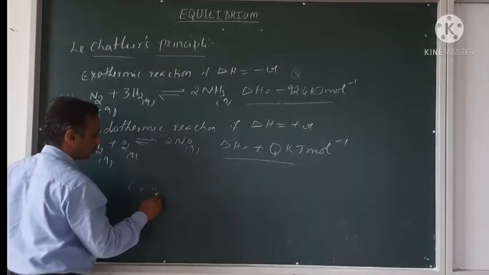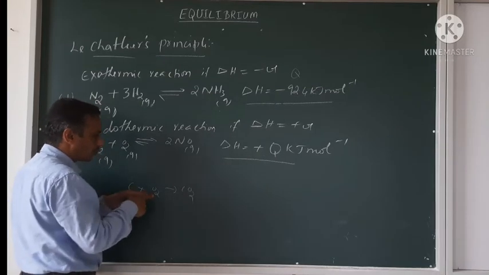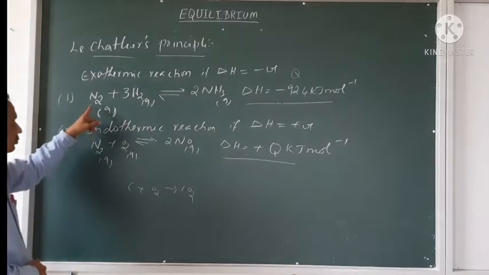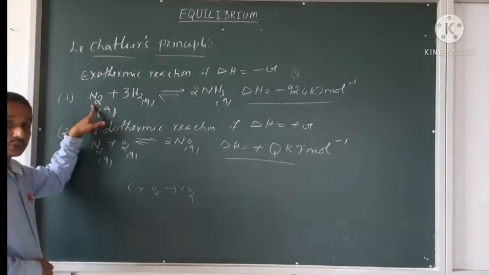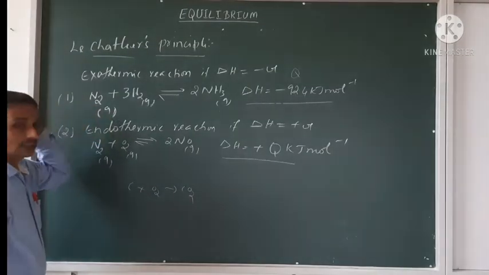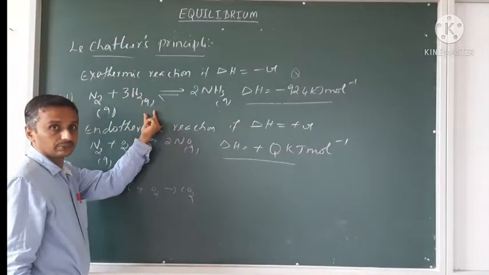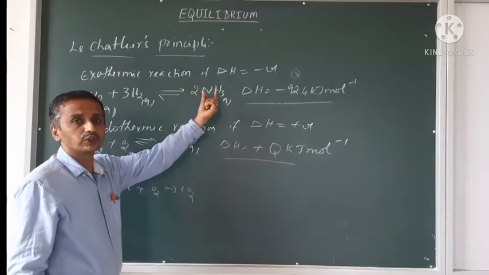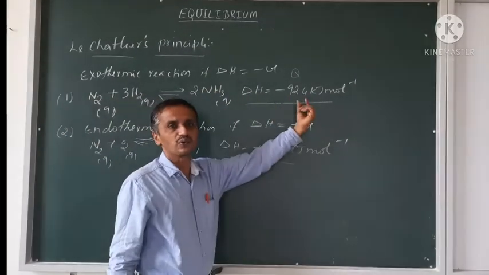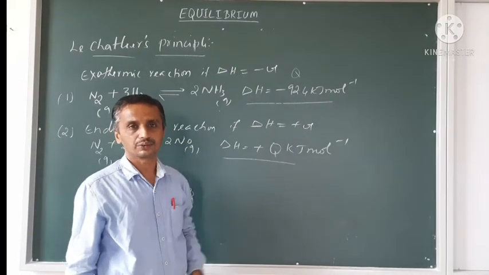C plus O2 gives CO2. One mole of carbon when combined with oxygen, 1 mole gives 1 mole of carbon dioxide. Here also 1 mole of nitrogen gas combines with 3 moles of hydrogen gas, giving 2 moles of ammonia gas with liberation of 92.4 kilojoules per mole of heat.